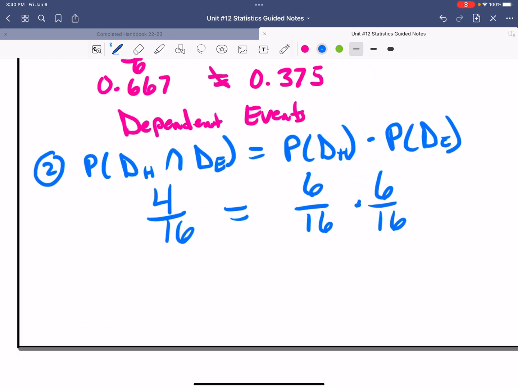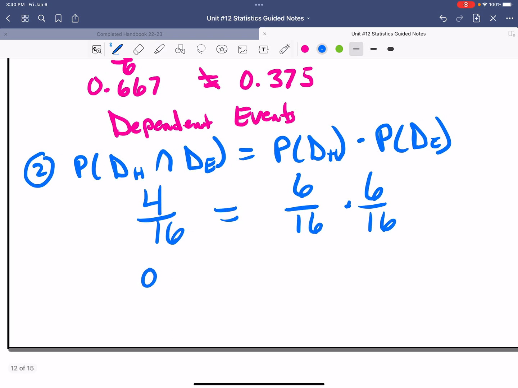So 4 out of 16 we know to be 0.25. And over here I'm multiplying these fractions to get a decimal, and I'm going to round to the thousandths, and I get 0.1406. So I'm going to make that 0.141. And these are not equal. Therefore, the events are dependent.